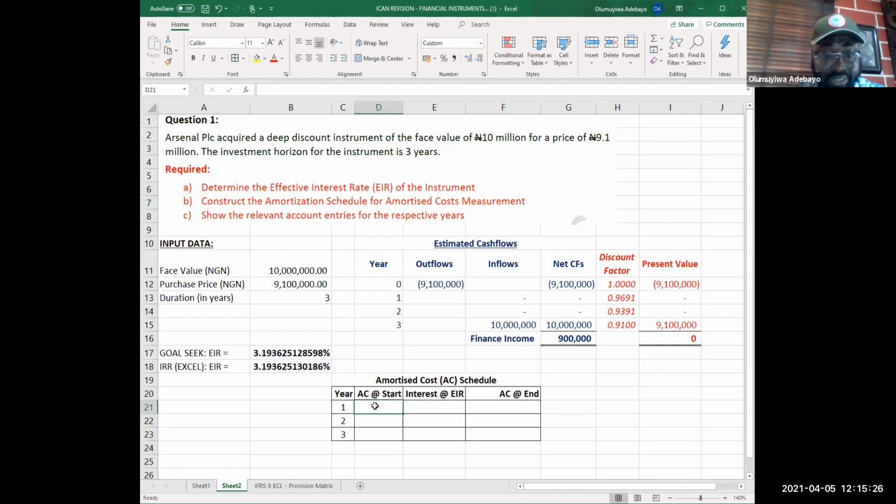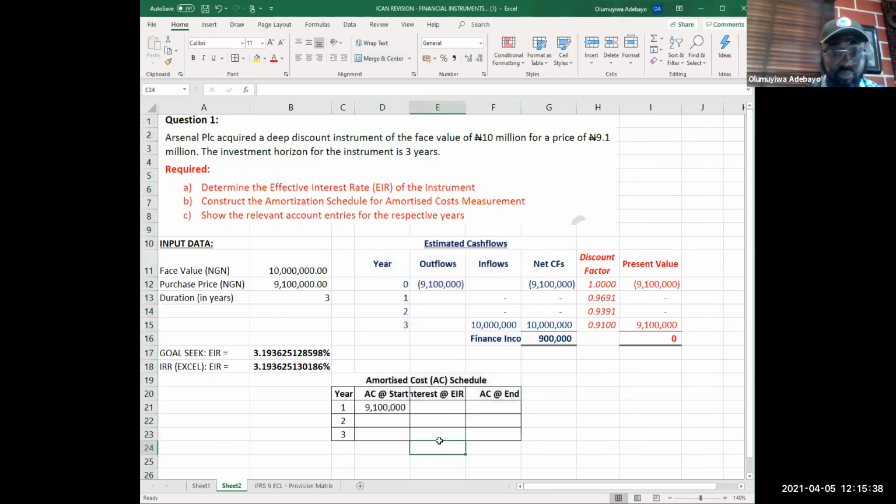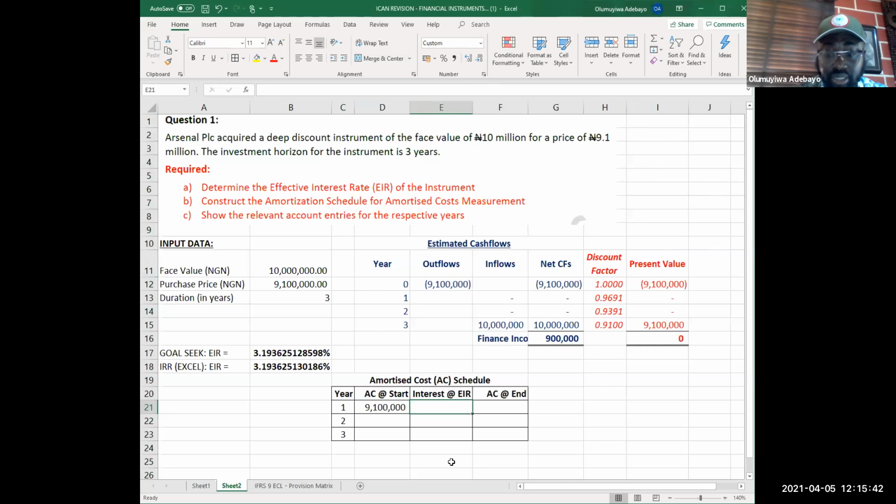Now, what is my initial recognition? I invested 9.1 million. How much interest will I have?